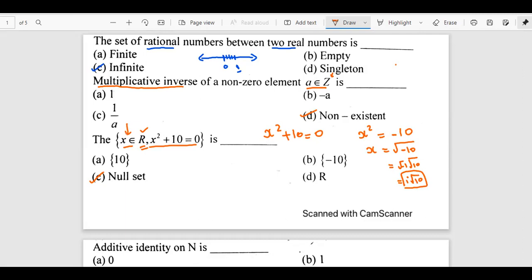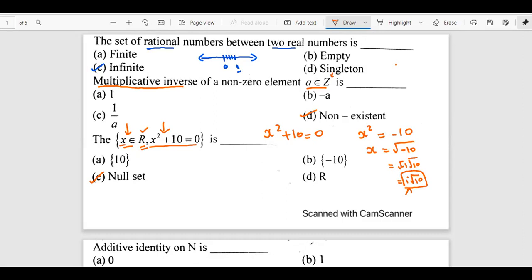This was the reason behind mentioning it this way, that they have specified that this x belongs to R, and in this R you have real numbers only. Now if you are defining your set this way you will get iota under root 10. Iota under root 10 is not a real number, so you do not have any real numbers in this set. So this means that this would be a null set.